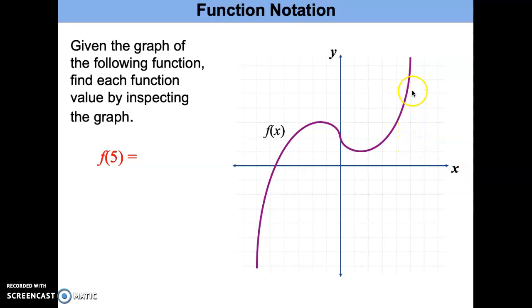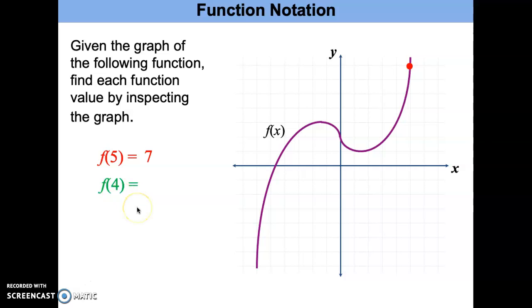The line is up here, so it meets it right about here. Now we have to find out when x is 5 for this function, what does y equal? We count on up: 1, 2, 3, 4, 5, 6, 7. So when x is 5, y is 7 for this function. So the answer for f of 5 would be 7 for this graph.